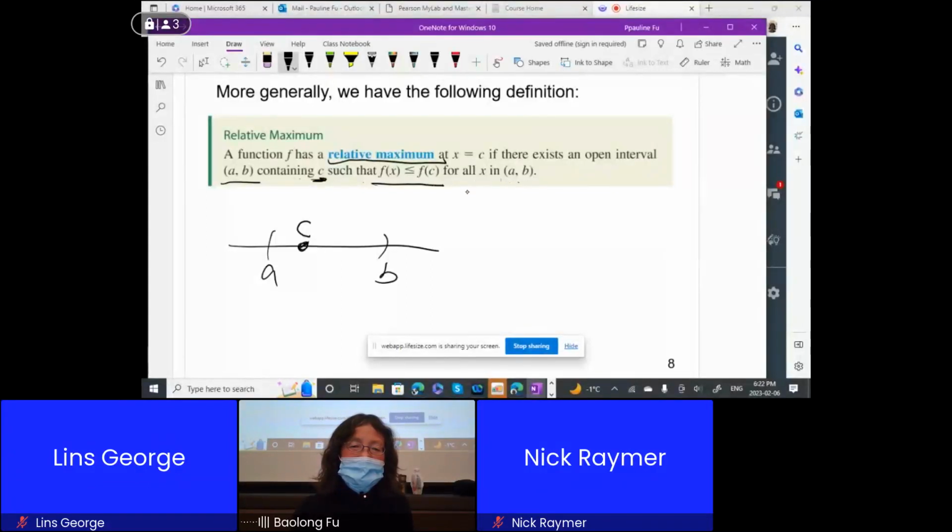So at this point, f(C) is the relative maximum, because all the points within AB are smaller than f(C). Questions?